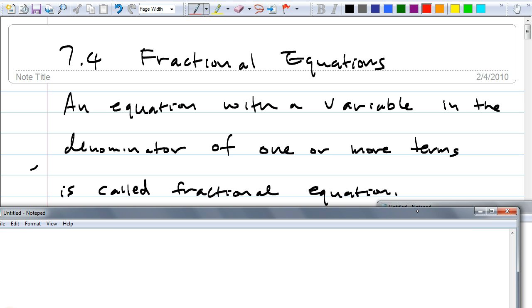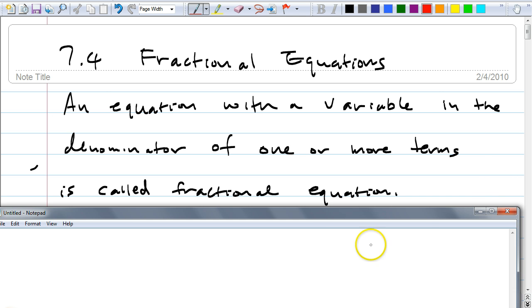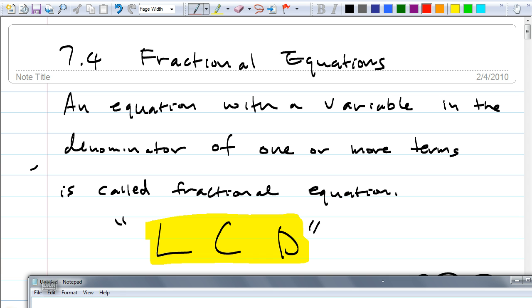That's right, variables. So we're going to do the same exact thing: multiply both sides of the equation by the LCD to get rid of all the denominators. But this time, the LCD will contain some variables, and something interesting happens when you do that. I'm going to explain that in a minute. It is really similar to what we did last time, except there are certain things we have to be careful of. So we must multiply both sides by the LCD.